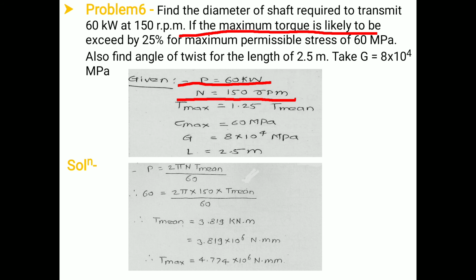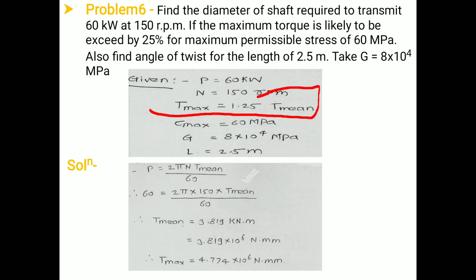So the relation will be T maximum is equal to 1.25 of T mean. The value of tau maximum, that is maximum permissible stress, is 60 MPa. We have to find out the value of angle of twist, that is theta, for a length of 2.5 meter and for a G value of 8 into 10 raised to 4 MPa.